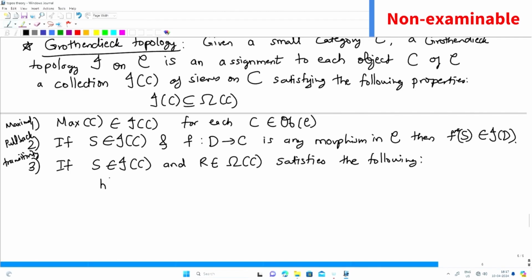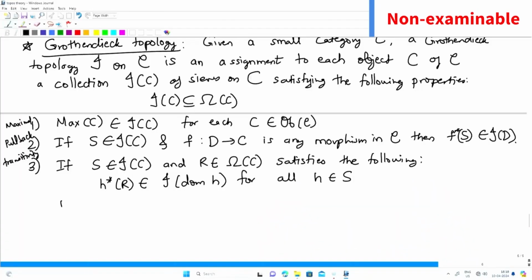That H star of R belongs to J of domain of H for all H in S. So if there is a sieve that I want to test whether it is covering or not, then one good test is that I choose some covering sieve and I show that the pullback of my R under arrows in that covering sieve are always covering.